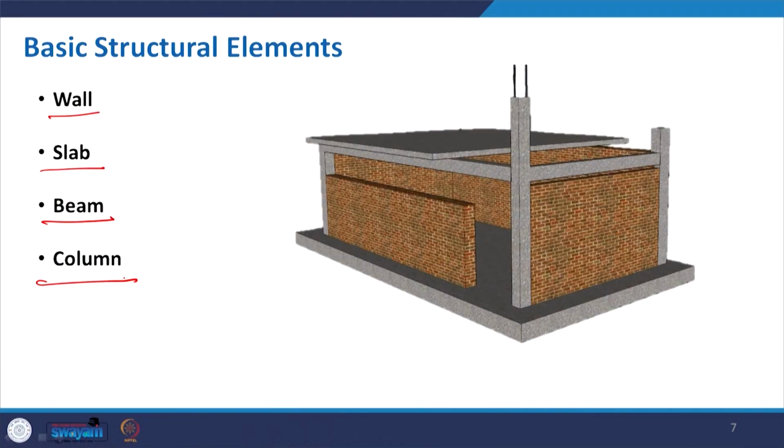We start with the wall, then slab, then beam, and then column. In this schematic model, I want to show each of them. Basically I represent this as a wall with brick, but this wall can be made of any other material as well.